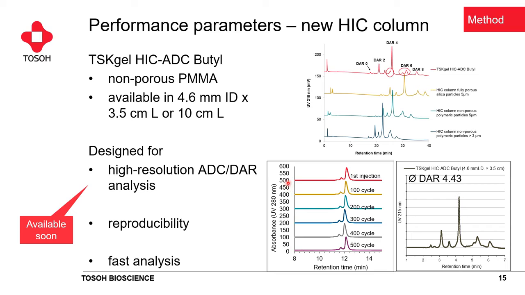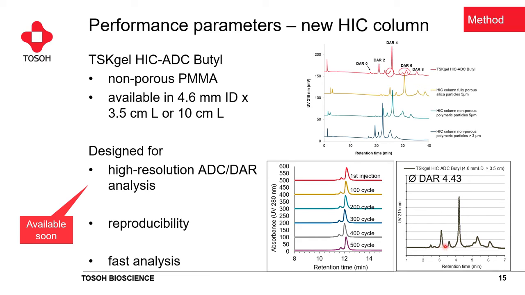Last but not least, as these columns are stable to high pressure and high flow rates, it's possible to accelerate the analysis, as we can see when using here on the left a column with 3.5 centimeter length only for the determination of drug antibody ratio.